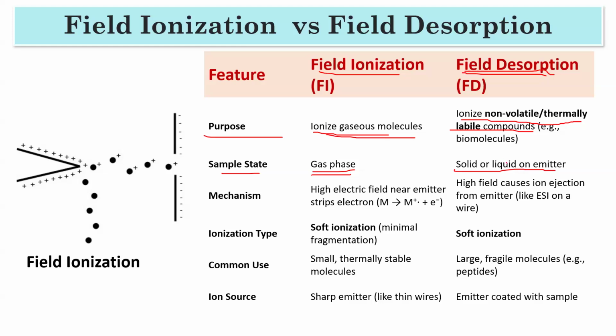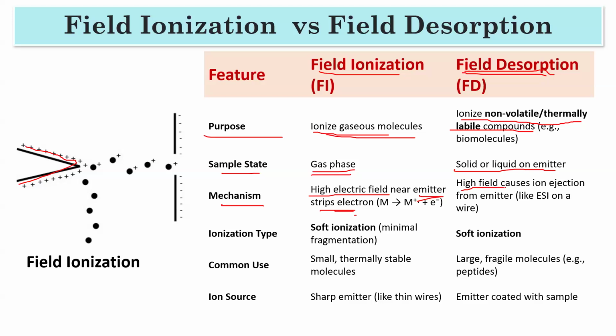We just transfer them to the emitter, that anode plate. The mechanism is the same: you are applying a very high electric field near the emitter, which will strip the electron, so the electron will be removed easily.